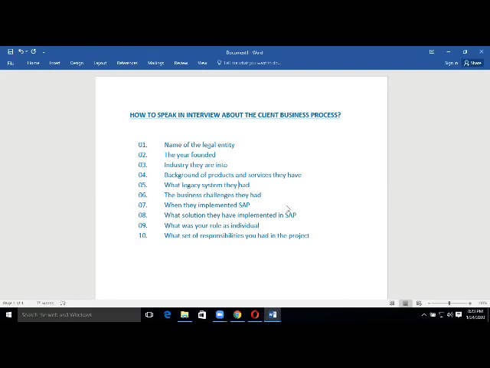You have to understand the legacy system they have, or the current system, the old system they are having, and from that legacy system they are moving into the SAP system. Then further, you should understand the infrastructure they have, whether it's on-premise or the cloud. And on top of this, it's very important to understand the business complexities they have. And once you understand all of this, of course the goal is to understand why they are implementing SAP applications.